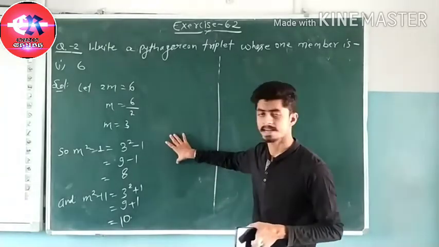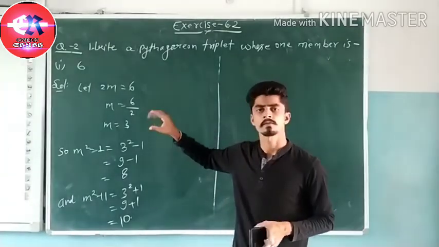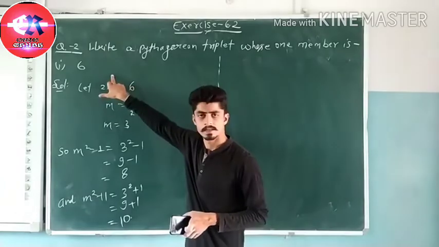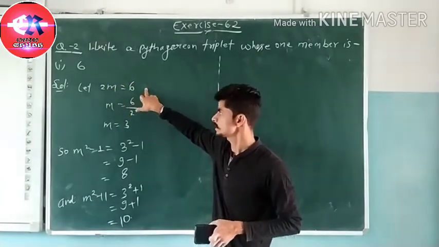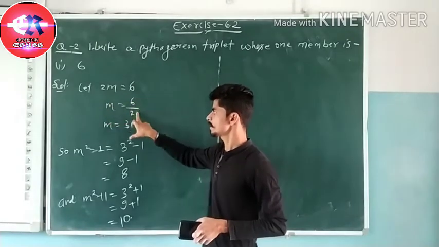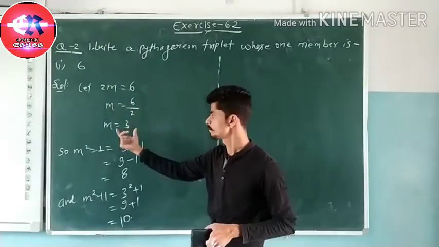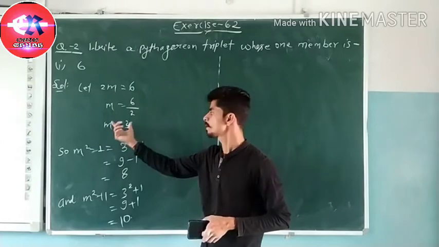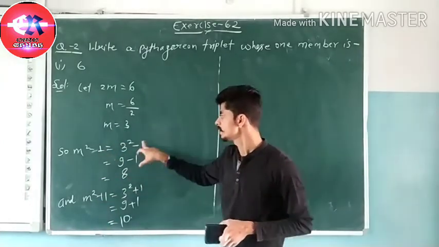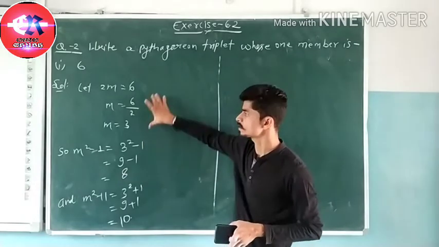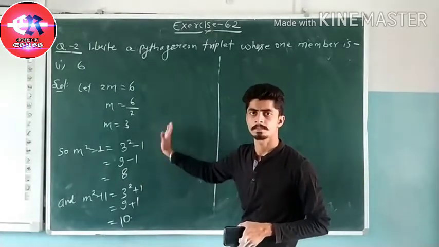Here in the second method, you firstly let the number which is given in the question equal to 2m. Directly you take 2m is equal to 6. Now 2 will be transferred and divide the 6 by 2. We directly get the value of m. Now put the value of m in m square minus 1 and m square plus 1. The same solution is there. This is the total last part of the previous method.